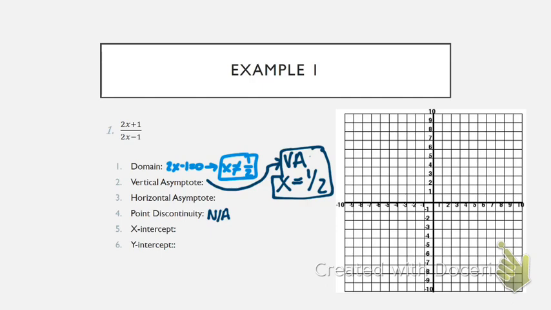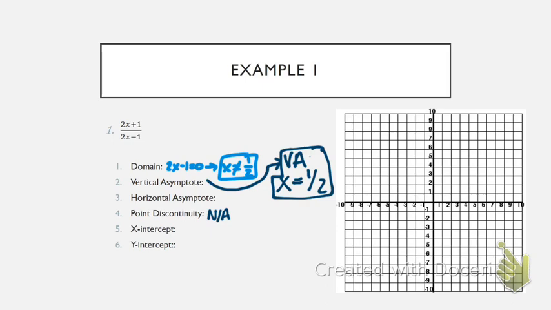Since it can't be a point of discontinuity because nothing canceled, but x cannot be 1/2, the domain restriction x cannot be 1/2 is either a point of discontinuity or a vertical asymptote. I know I've said this 1,000 times, but since it's not a point of discontinuity, it has to be an asymptote. It's one or the other.